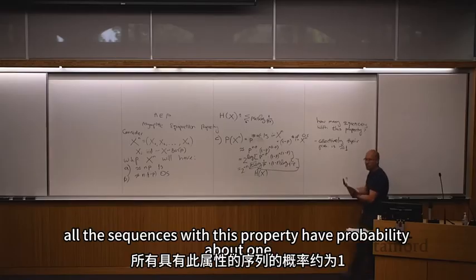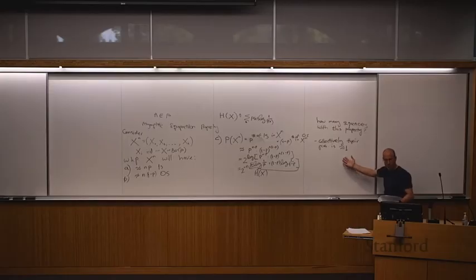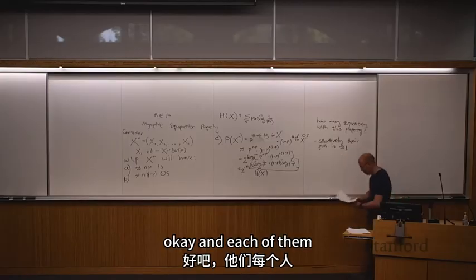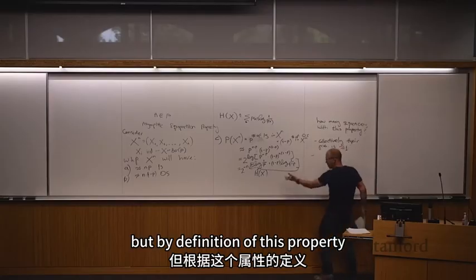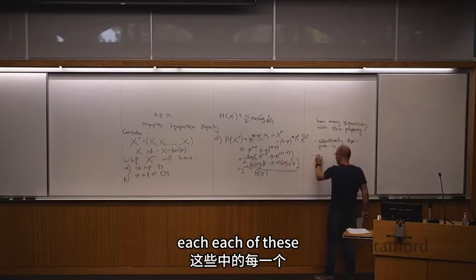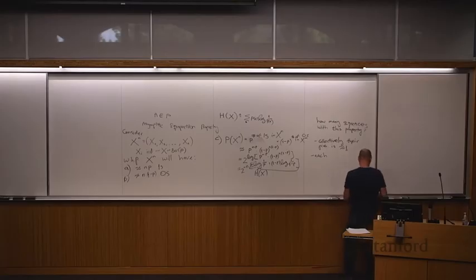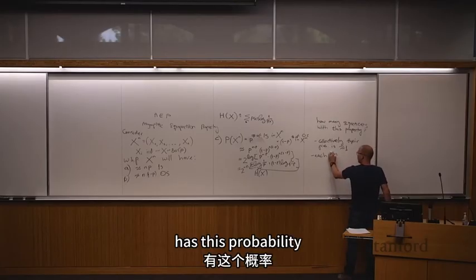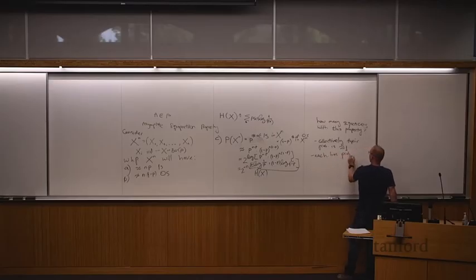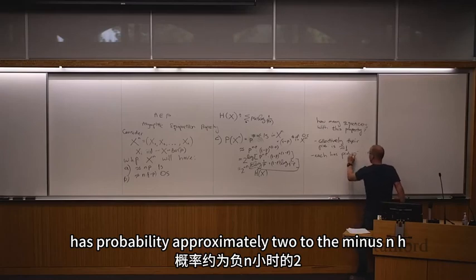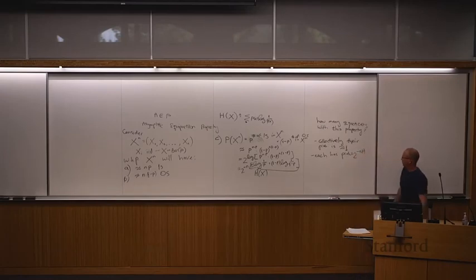And each of them, by definition of this property, has probability approximately 2 to the minus n h.